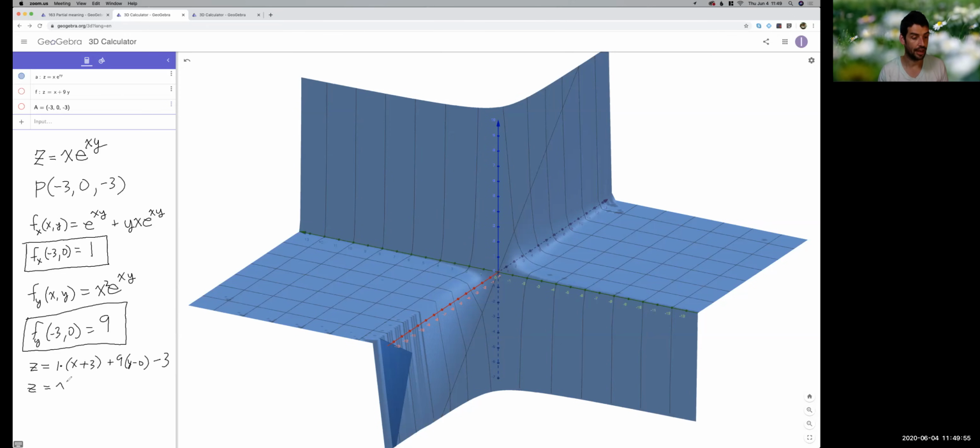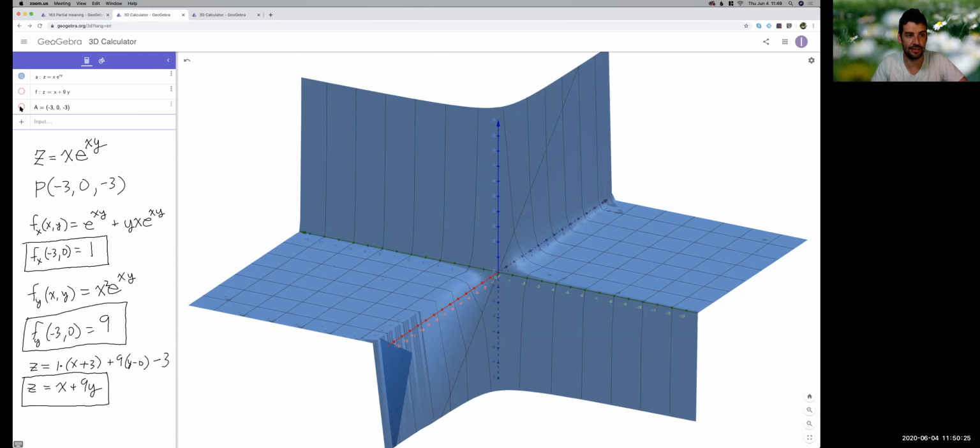It becomes x plus 9y. And that would be the equation of the tangent plane, right? So in terms of doing things, that's all we have to do. While there's a ton of interesting and valuable understanding in all the derivations we did, the actual computation of the tangent plane becomes fairly simple. The trickiest part will be the derivatives typically. And so if you can handle the derivatives, you'll be all right.